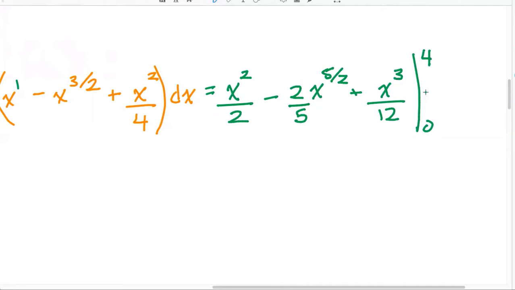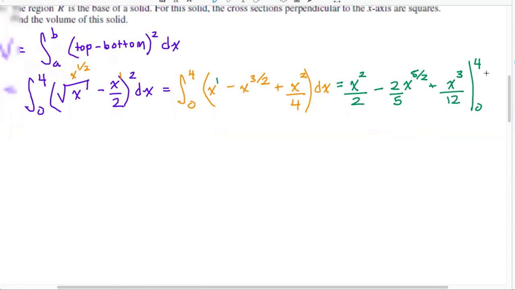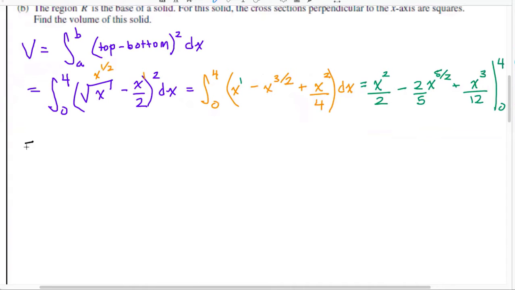Any questions up to this point? No. Okay. Let's start plugging things in. I need to go down to the next line, plugging in the 4. Notice that when we plug in 0, I'm going to get 0 minus 0 plus 0, and nothing's going to happen. I really only need to plug in the 4, and I'm done.